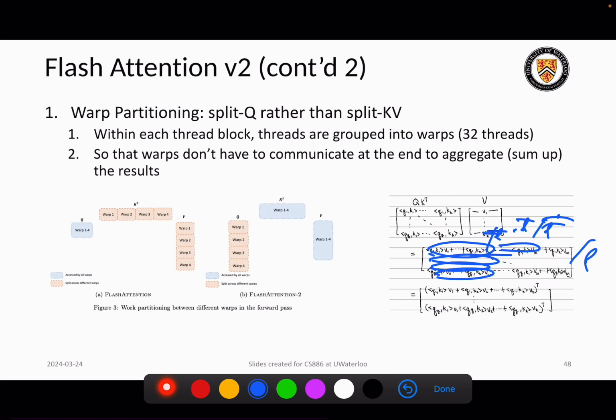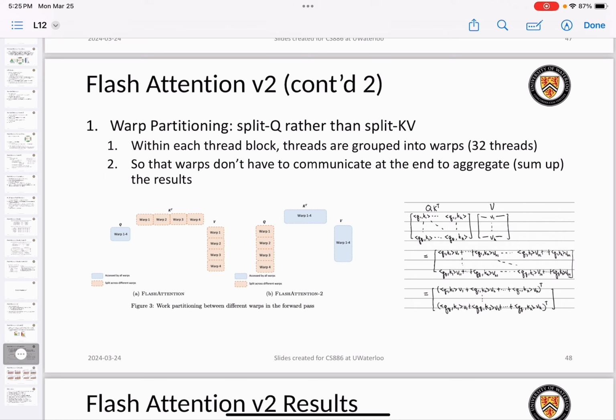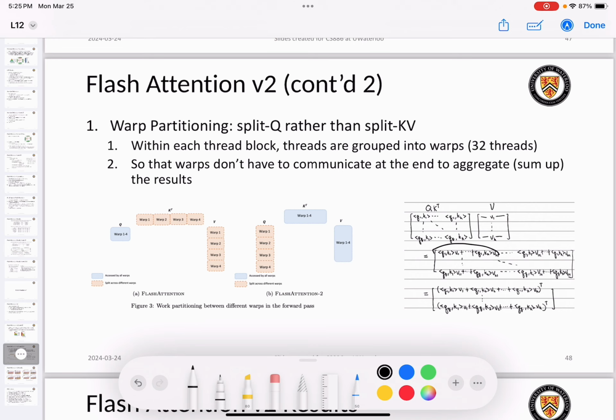Another feature that flash attention v2 offers is warp partitioning. Within each thread block, there are different threads. What we want to do is split across these threads across Q rather than across K. The reason is that when each thread splits across Q, completing this means the threads don't have to communicate with each other.